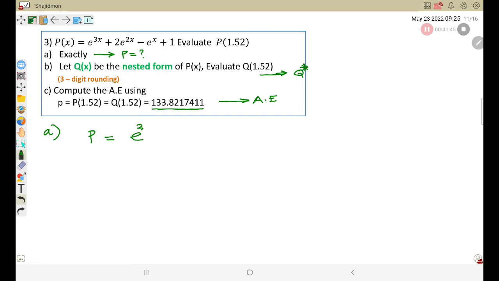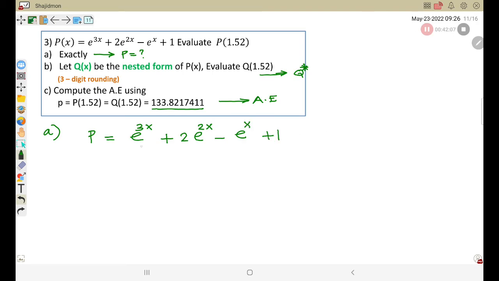Then 3, and whenever you want x, press alpha x. E power 3x. Then plus, go to the next line, plus 2 e, that is shift ln, 2 alpha x. Then minus shift ln alpha x plus 1.